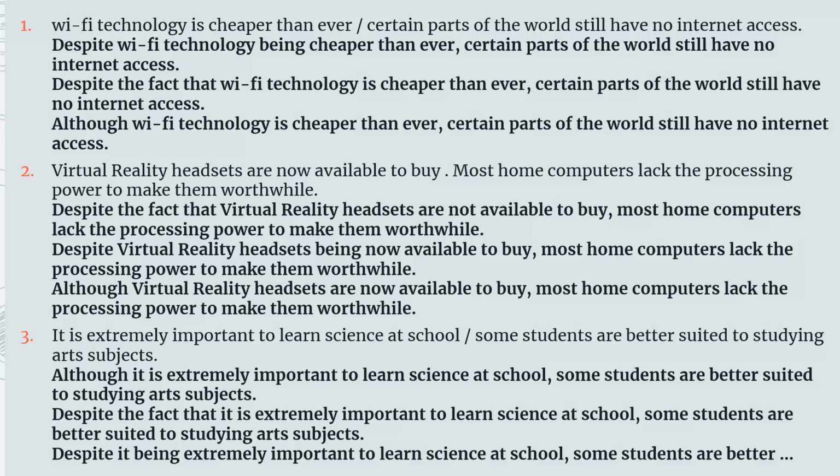Okay, but if you use it, let's read this sentence. It's extremely important to learn science at school. Here, if I use it, despite it being extremely important to learn science at school, here you have to use the verb, the infinitive plus the noun, okay, in order for the sentence to make sense, okay.